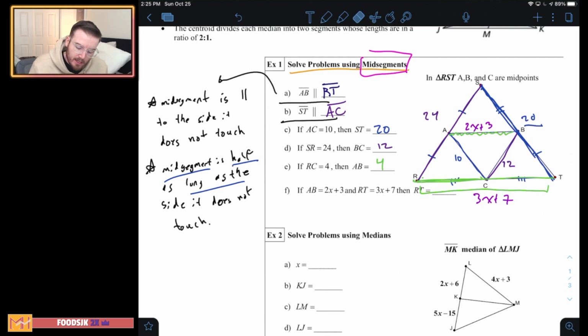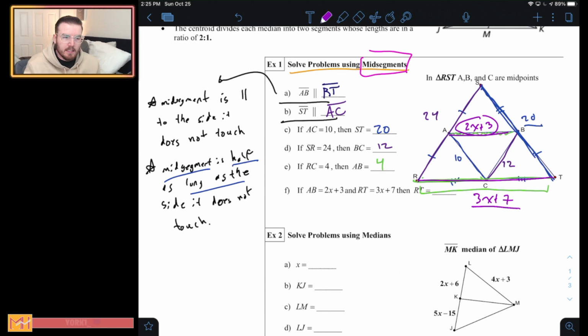Now we're saying that, oh, RT is 3x plus 7. So AB is half of RT, okay? In other words, if we double 2x plus 3, that should be equal to 3x plus 7, right?